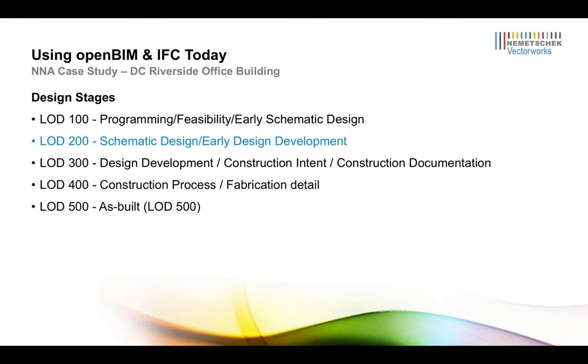Yeah, but I think the interesting part about what the AIA did is they have a guideline, but they left a lot of those decisions up to the design team to figure out what was important and when.